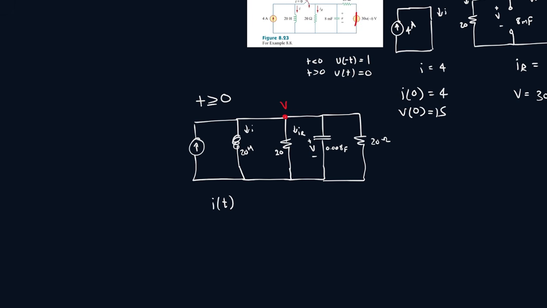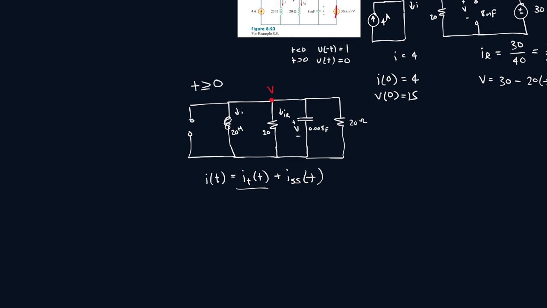So there's going to be a transient current equation and a steady state current equation. So we're going to first find this one. To solve for this, we have to view this circuit without any sources. That means this current source we're going to ignore and leave behind with an open wire. Now we're just going to focus on this main circuit here.